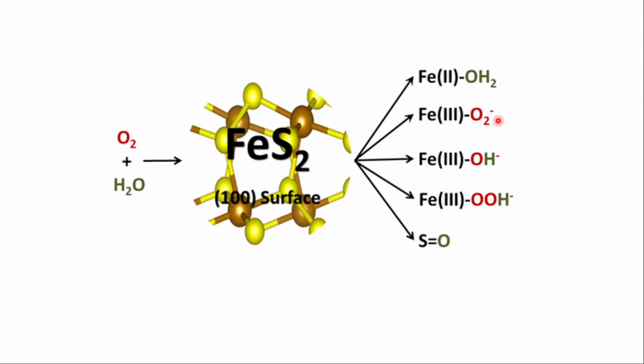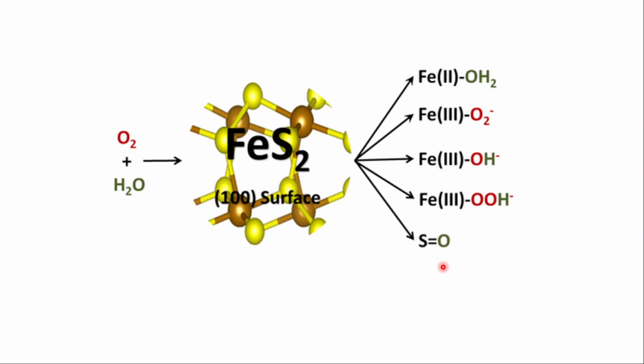This O2- is the peroxide ion, so in the presence of H+ ions it can form H2O2. OH- ions, very easy. Fe3+, so we can generate Fe2+ and Fe3+ species, and SO can generate SO4 2-.